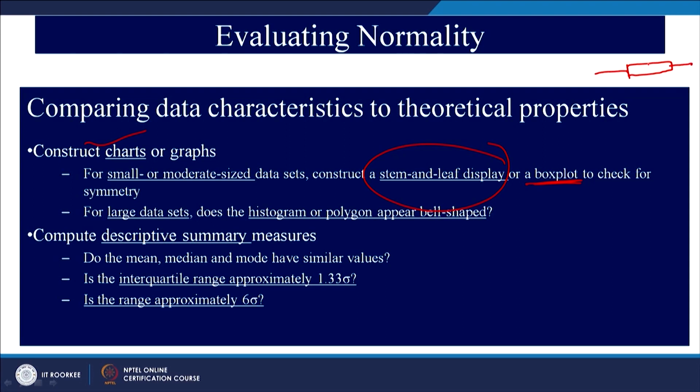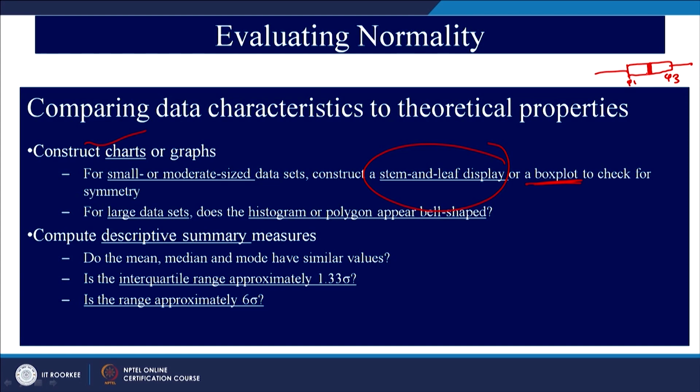So, this is known as the median, right. This is Q1, Q3, and this is the median value. If this median value is in between here, then we will say the distribution is normal, or it is not skewed.